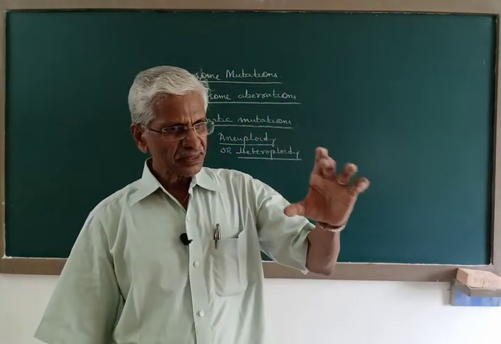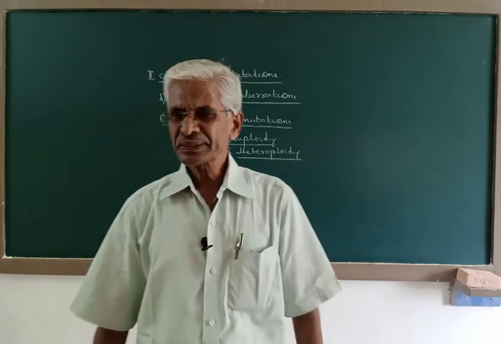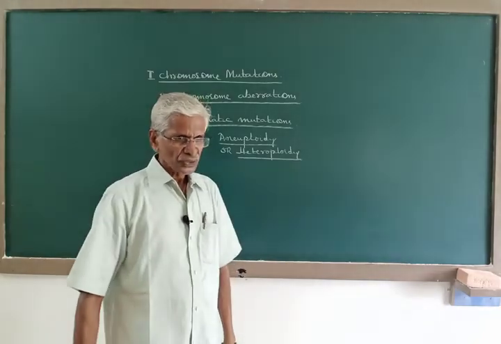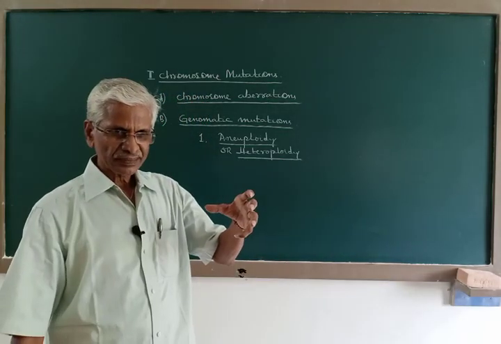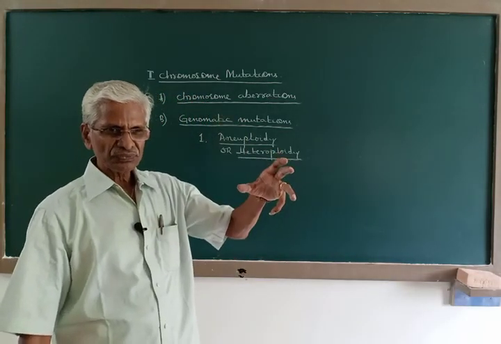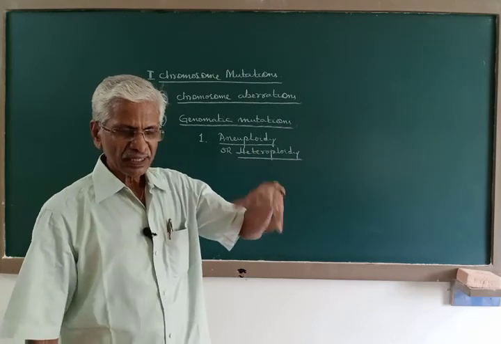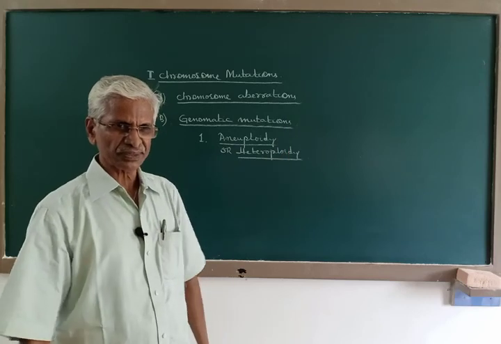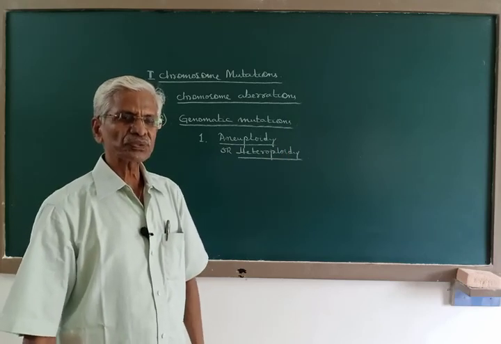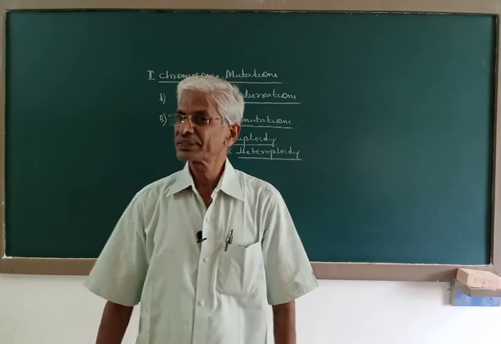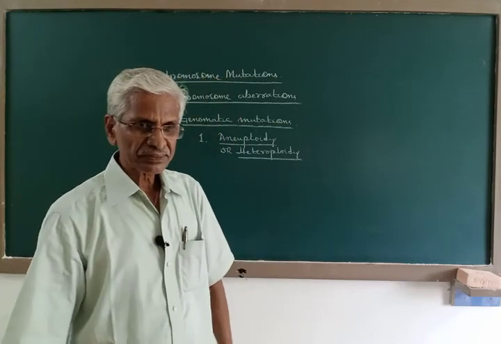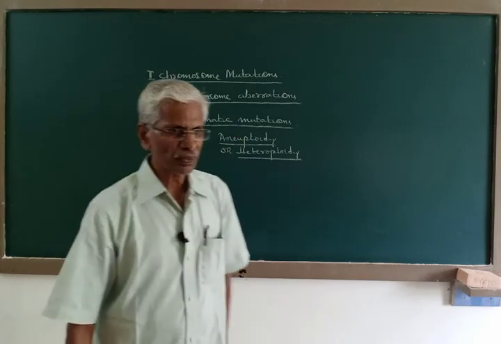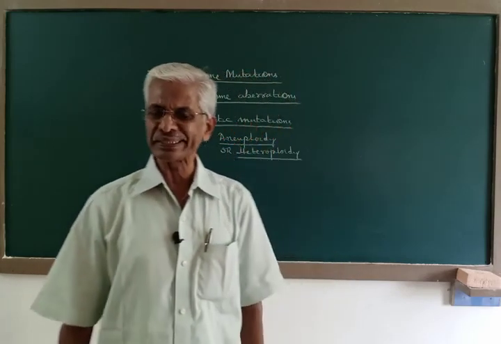The diploid number is always given as 2n. So, from this diploid number, if there is a loss of one or more chromosomes, or if there is addition of one or more extra chromosomes, then the chromosome number gets altered, and such type of chromosome mutation is called aneuploidy or heteroploidy.